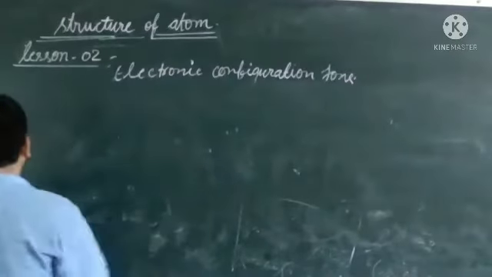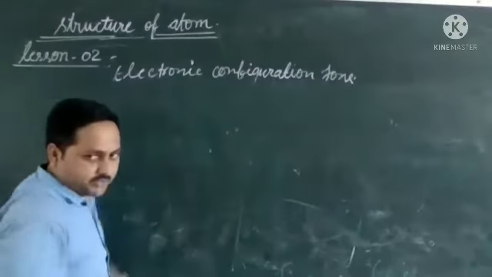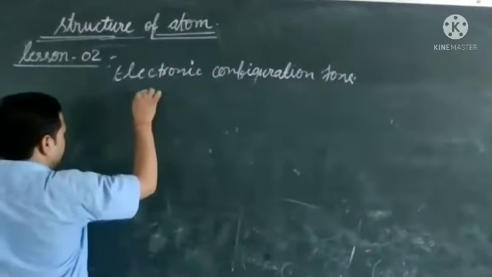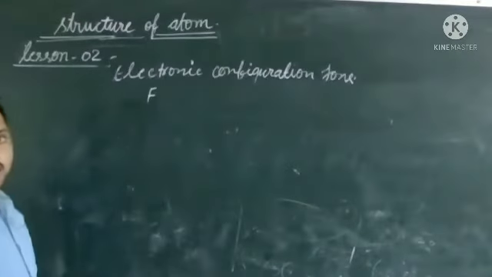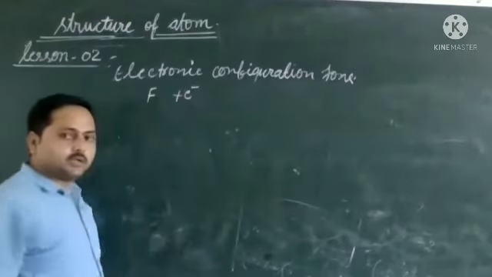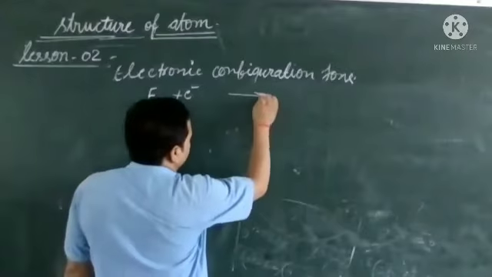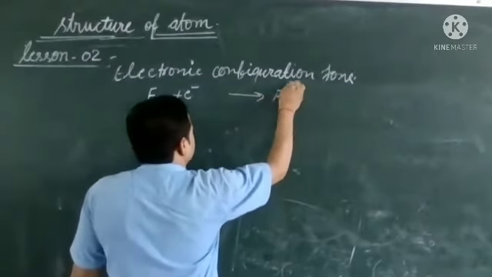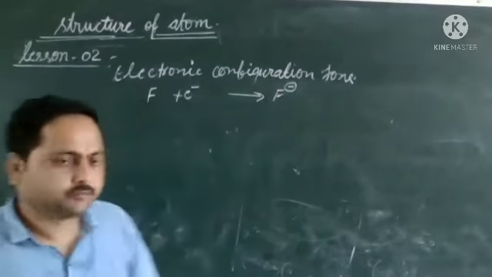Now, negative ions. Just let us see here. I have written this: F. If it gains 1 electron, it will change into F minus. Okay.